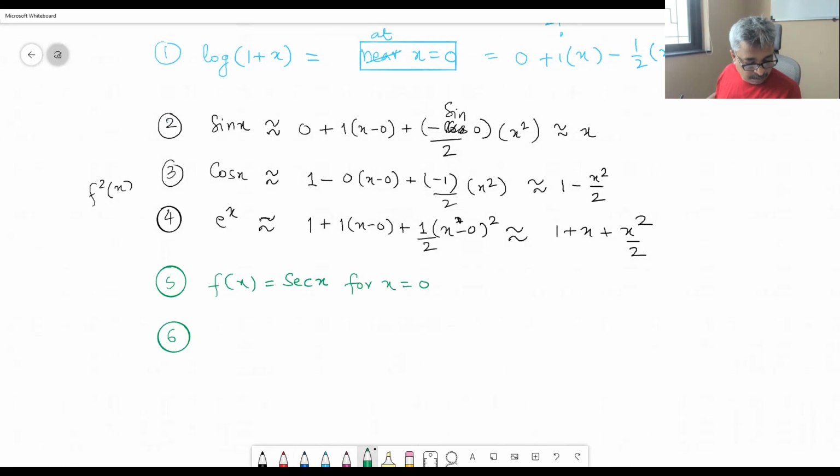Then sixth problem. Now let us see f of x is equal to sin x for x is equal to pi by 6. Now you have to do good algebra here. 7. First show me the answer, then we go there.